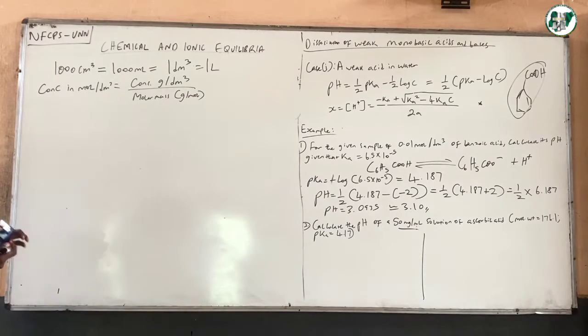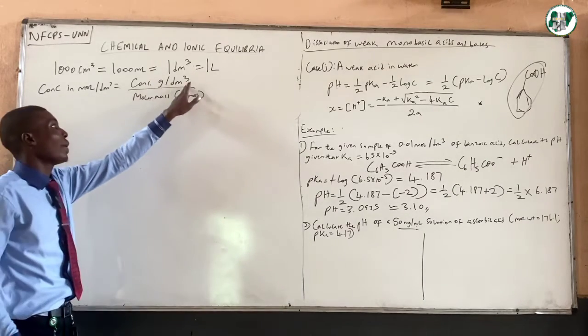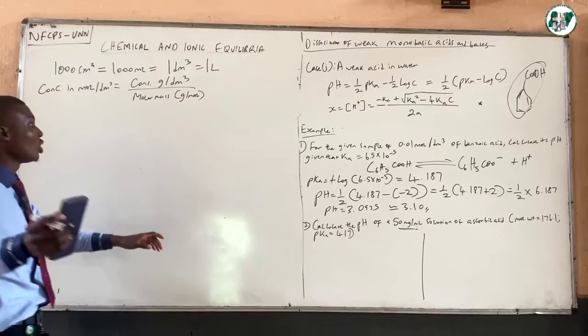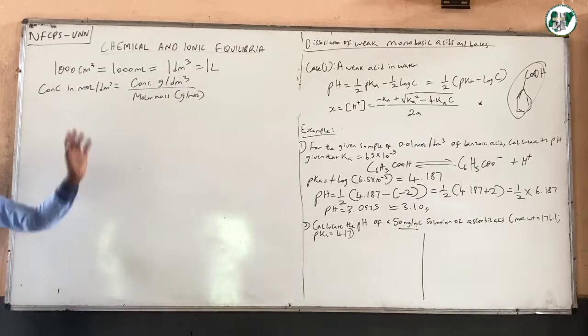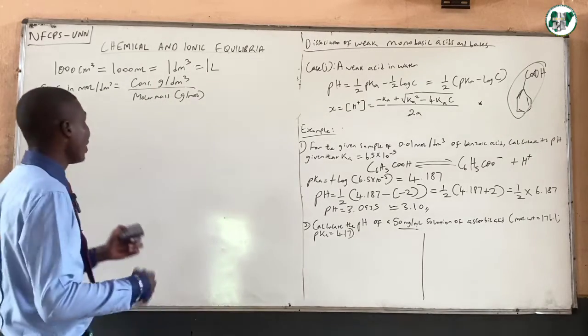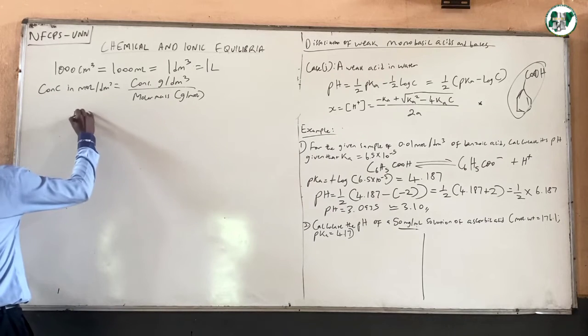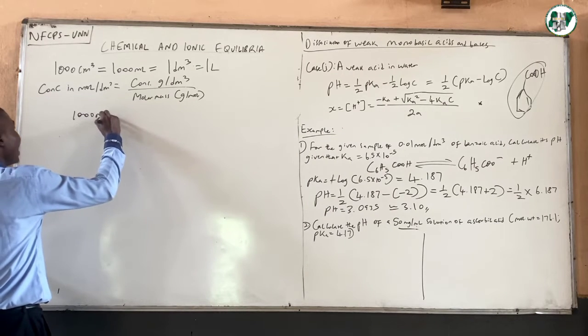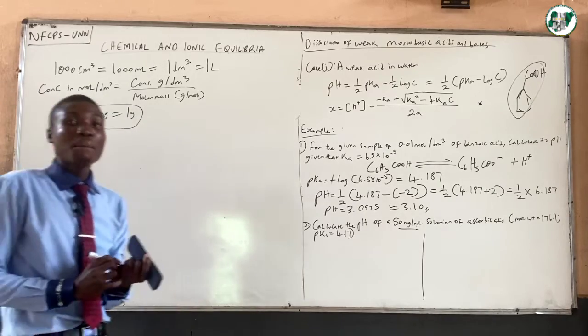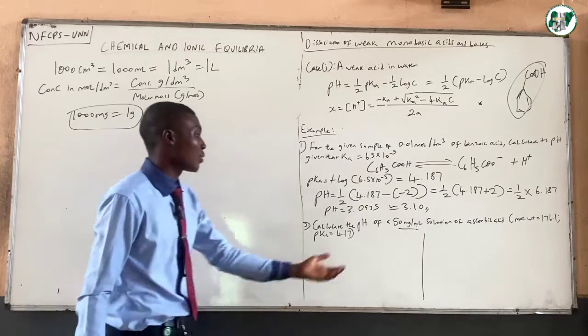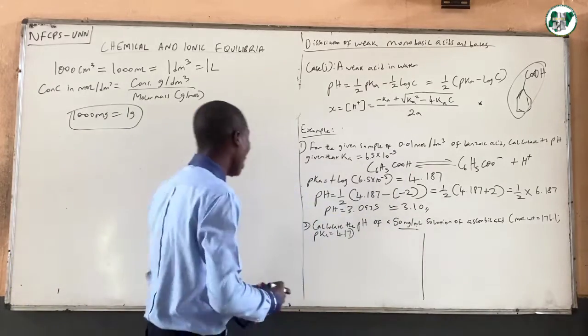So the concentration in mole per dm cube is equal to concentration in gram per dm cube divided by molar mass, which is always in gram per mole. When you have this relationship, you can get the concentration in mole per dm cube. And you already know that 1000 milligram is equivalent to 1 gram. You already understand that very basically. So let us convert for ascorbic acid and then we do our calculation.